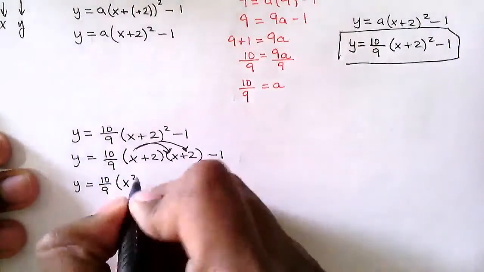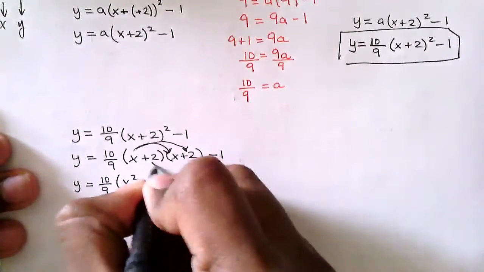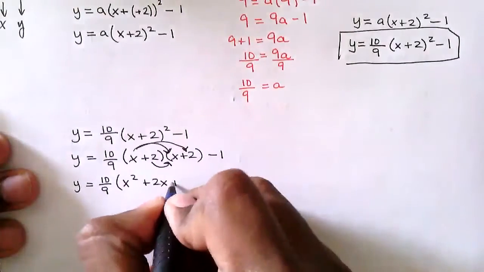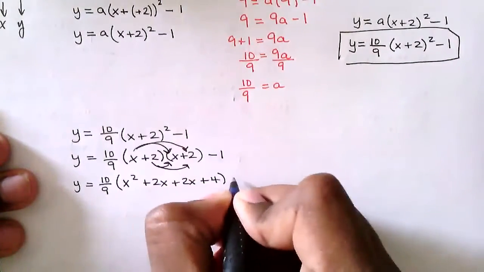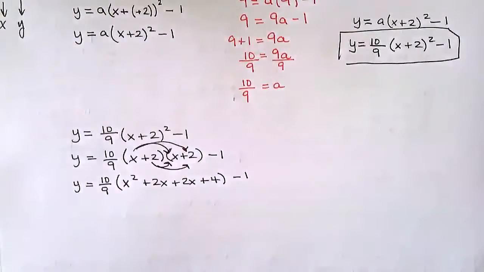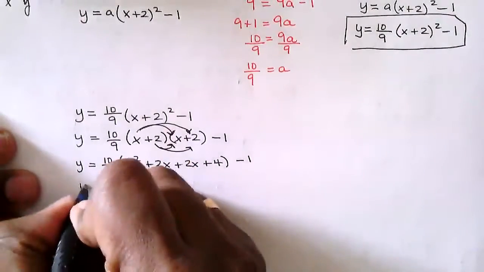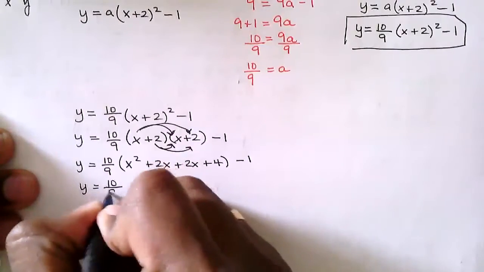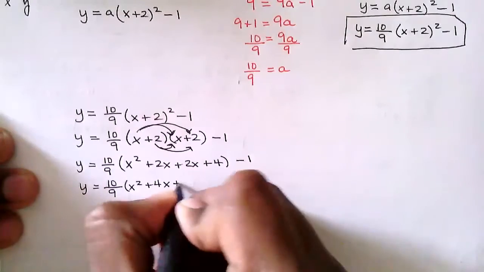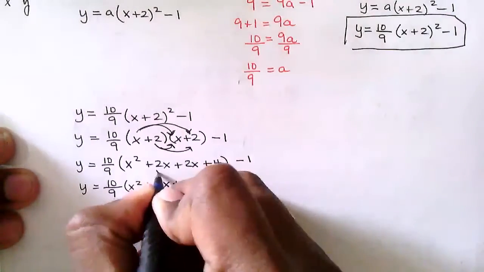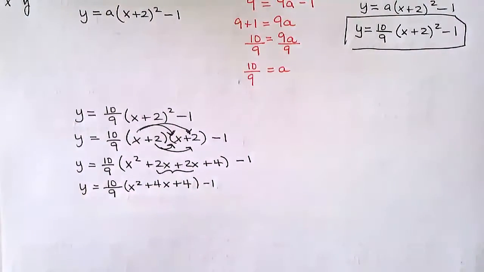X times 2 is plus 2x. 2 times x is plus 2x. And 2 times 2 is plus 4 minus 1. We continue to simplify. So y is equal to 10 over 9 (x squared plus 4x plus 4) minus 1. So I just collected the like terms here. Now we just have to multiply out.